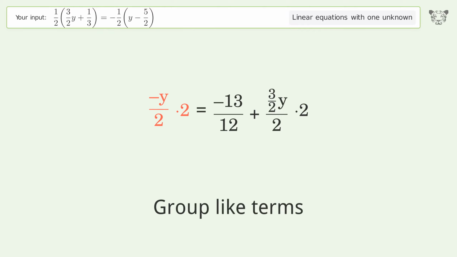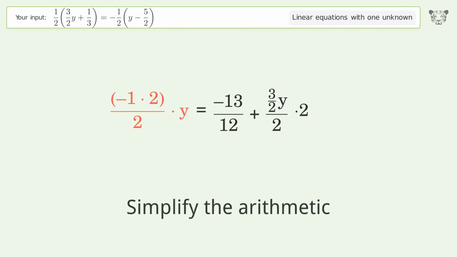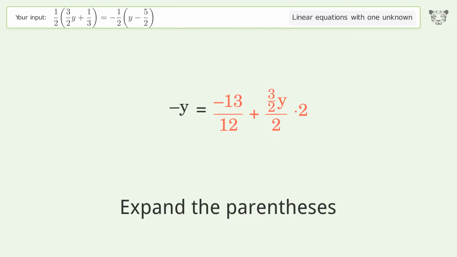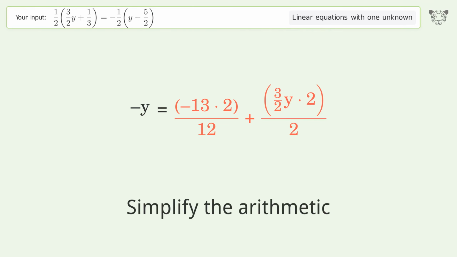Group like terms. Multiply the coefficients. Simplify the arithmetic. Expand the parentheses. Simplify the arithmetic.